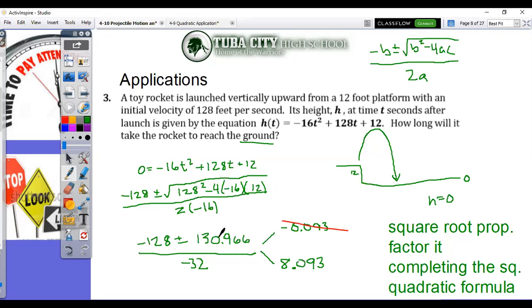Okay, you cannot have negative time. But you can have positive time. So in this case here, I think we have our answer, and that would be 8.093 seconds.